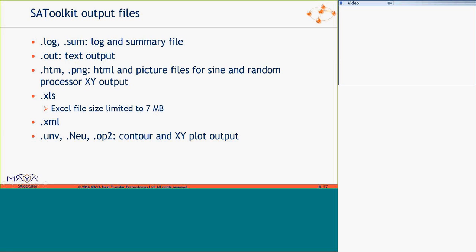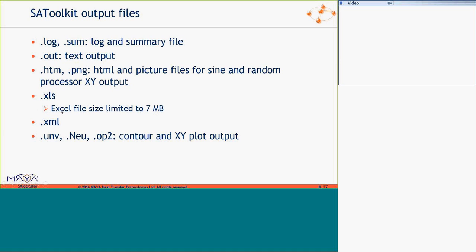And the random processors will create HTML pages with pictures in PNG format with trees, so those can be quickly used for quick reports.